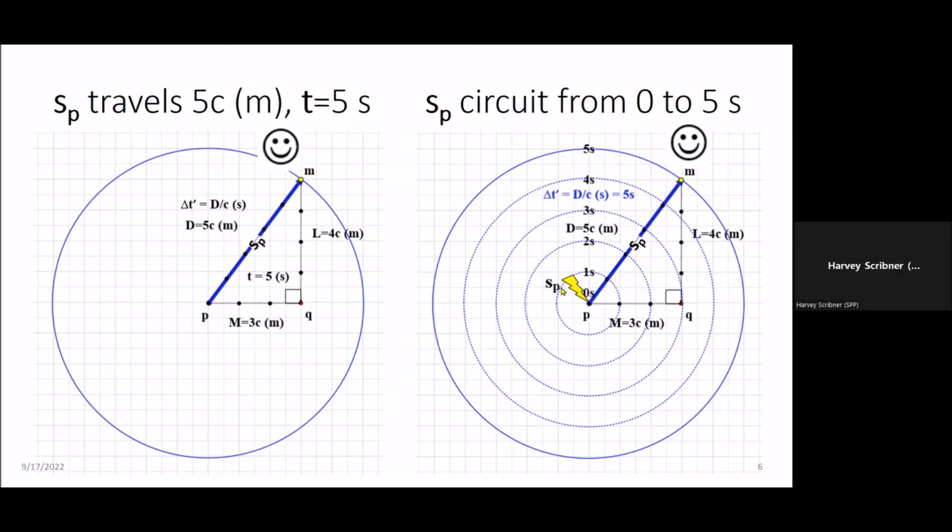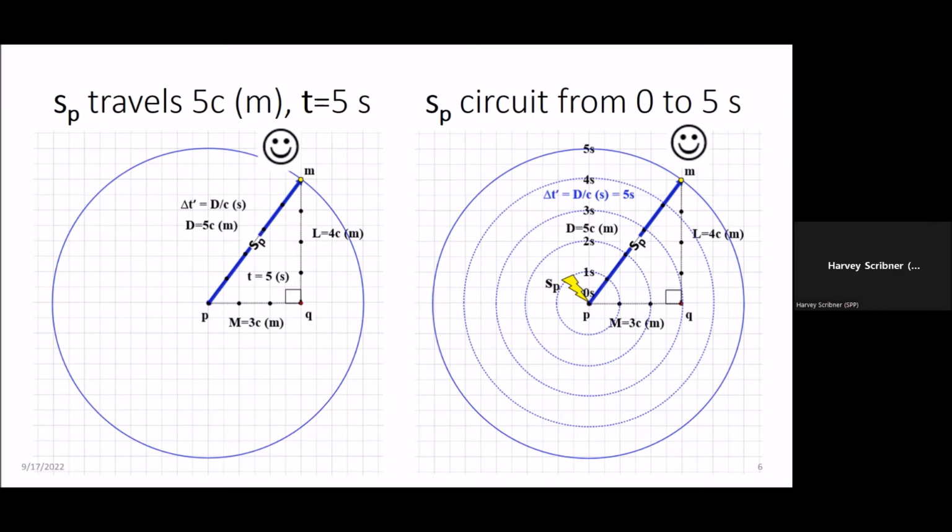So at time t equals 0, this is signal P. If it was a capital S in my language, it would be the source, located right there. But small s sub p, to me, is just a signal. It is emitted here, and in 1 second it's here, then 2, 3, 4, 5.